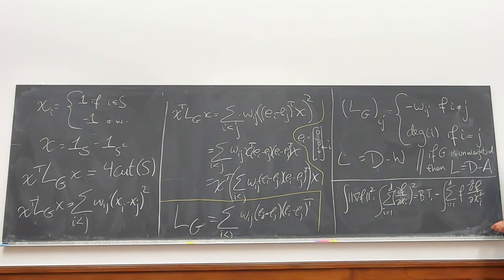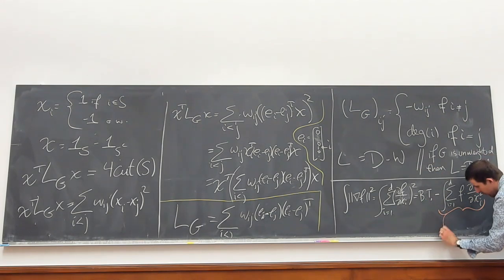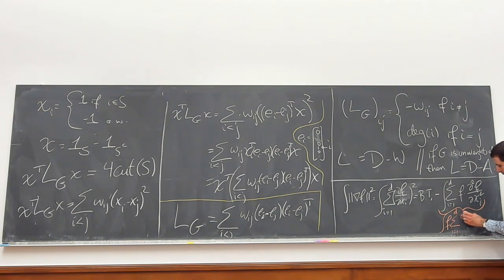But now what is this? This is exactly what we usually call the Laplacian. This is the integral of f times the sum from i equals 1 to d of the second derivative of f with respect to x_i, which is exactly the Laplacian of f.